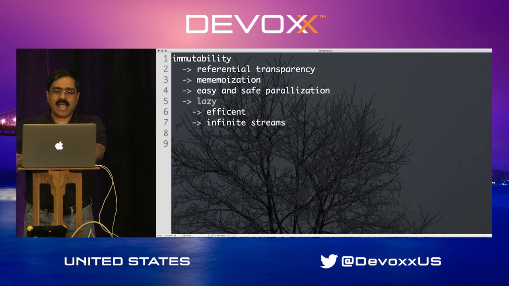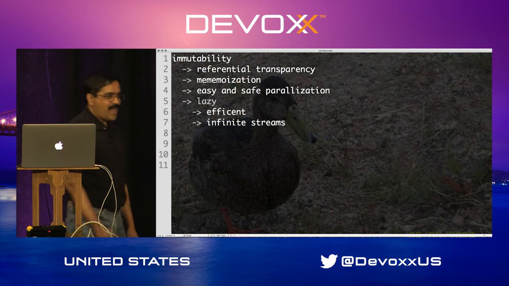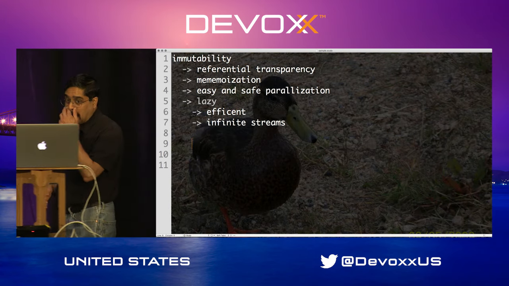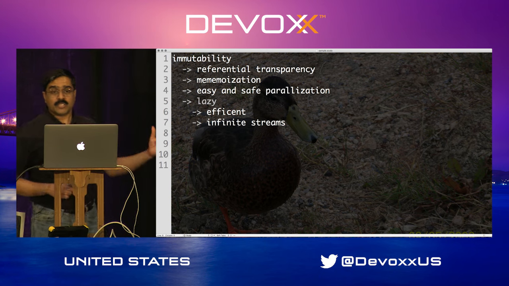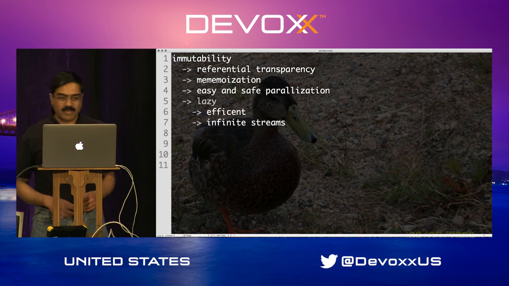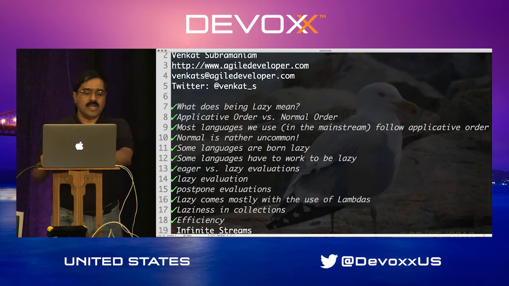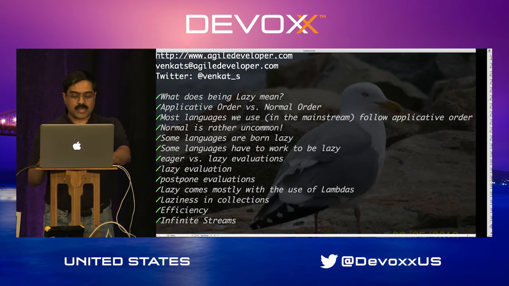So you can see how one good thing leads to another good thing, and you are moving towards something much bigger and better and for a greater good. So infinite streams become available as well when you are able to move towards laziness. How so? Let's look at an example of how infinite streams can help.